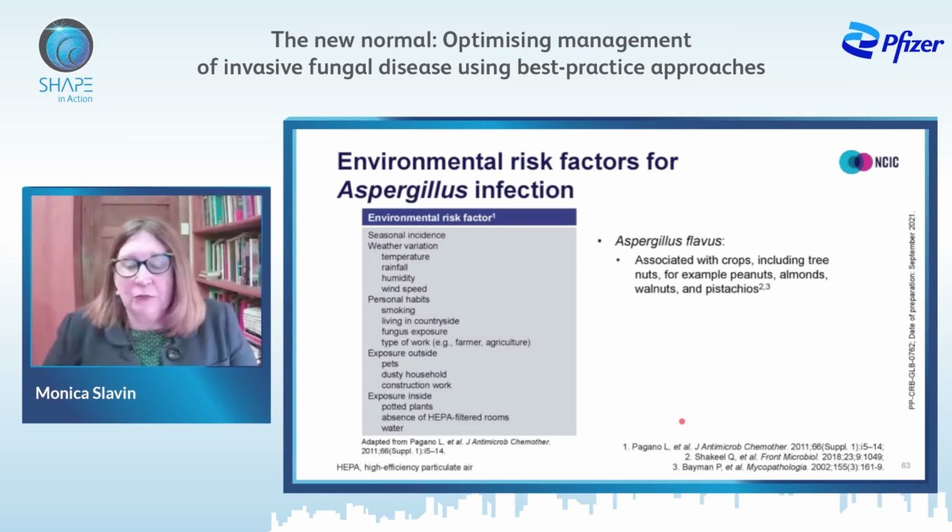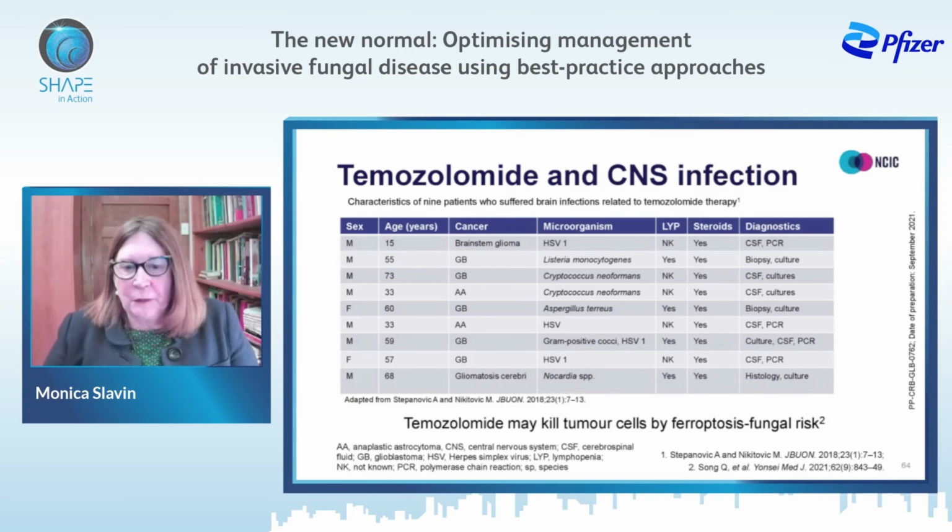He worked sorting nuts in a factory and also had lived on a rural property with agricultural exposure. And I think this is a very nice summary of some of the environmental factors that have been associated with increased risk for aspergillosis over time. But interestingly, this was not a patient that we traditionally think to be at high risk for invasive Aspergillus infection.